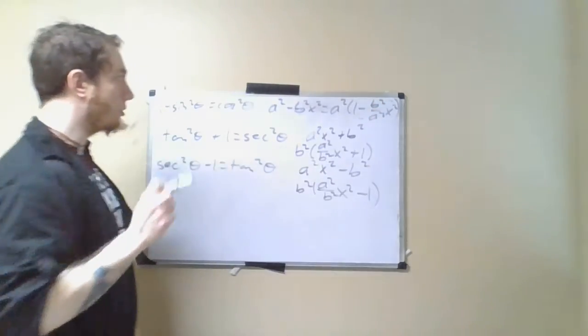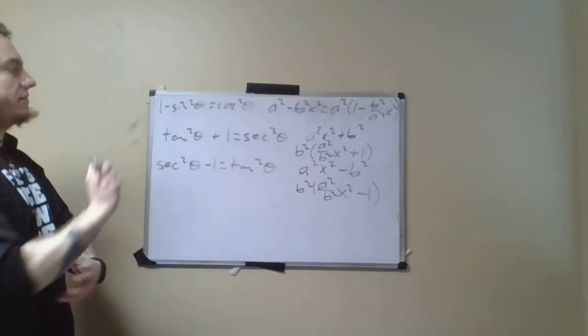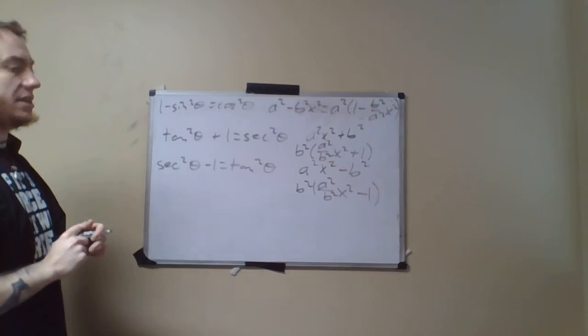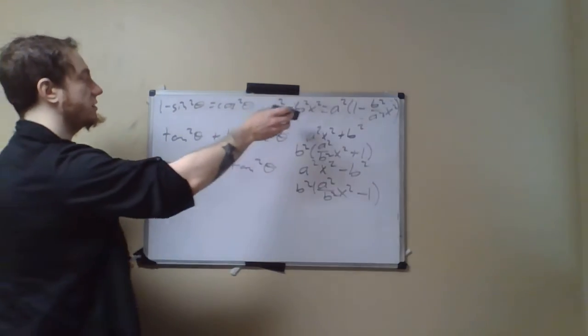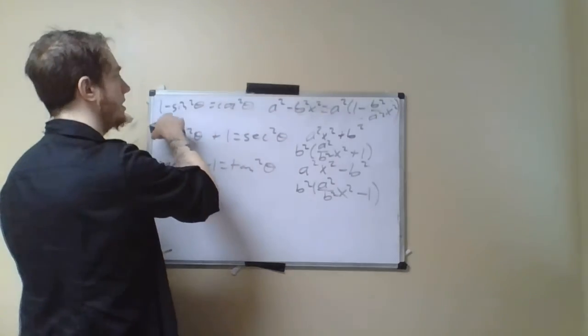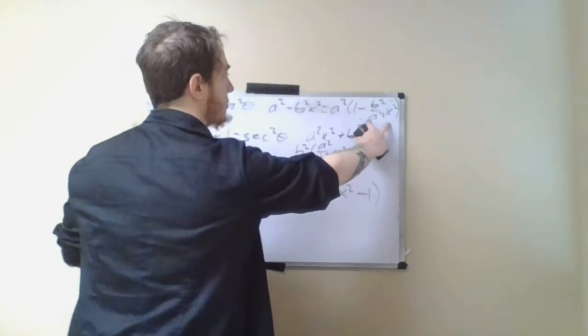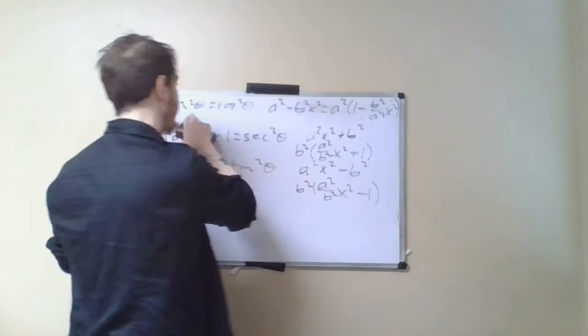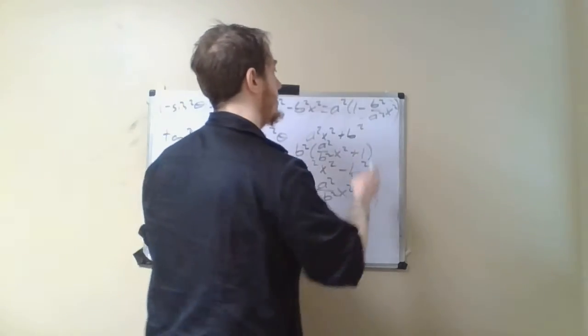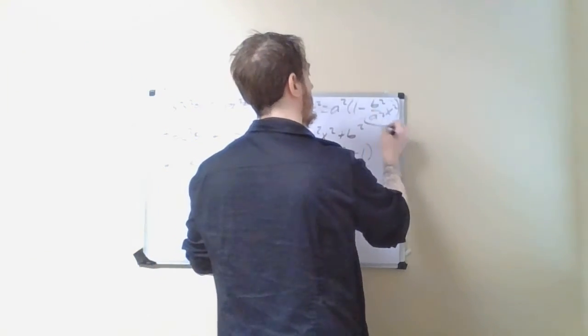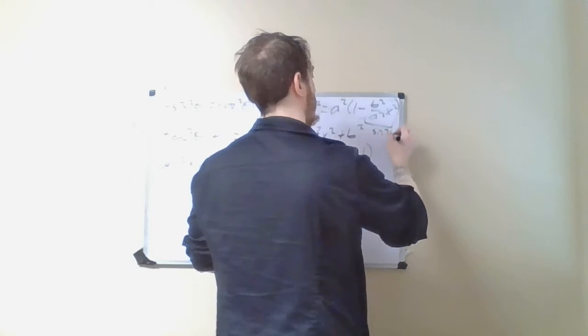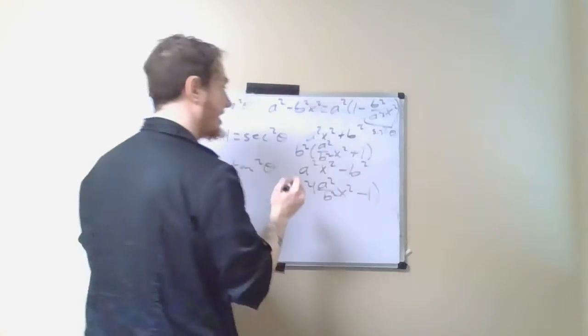There we go, that'll be a little more useful. So now we have these into forms where all of these are useful. Because in this first case, what I want is for this piece to become sine squared theta. So this here is going to become sine squared theta.